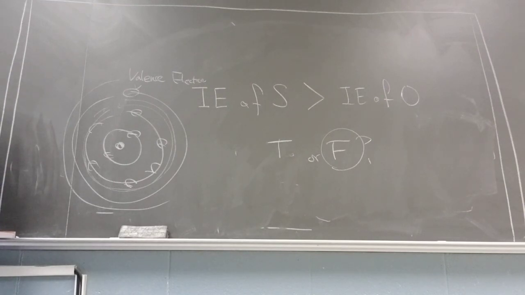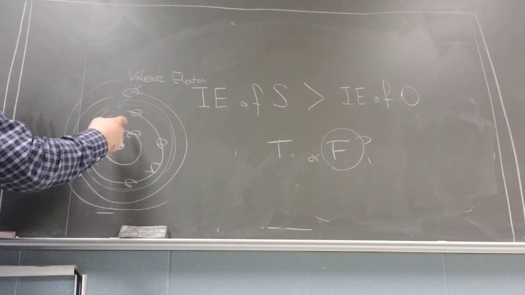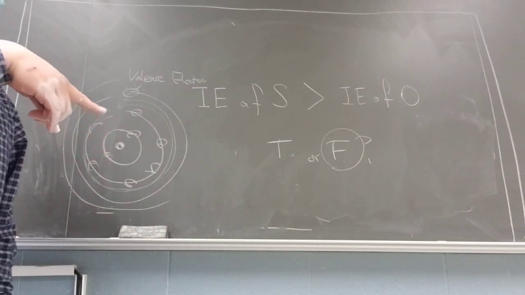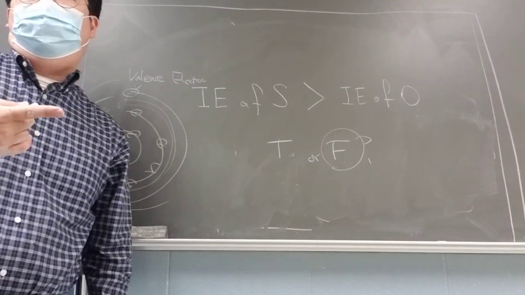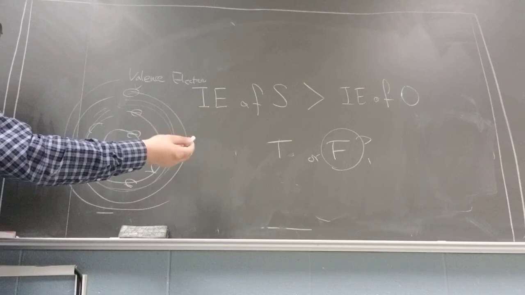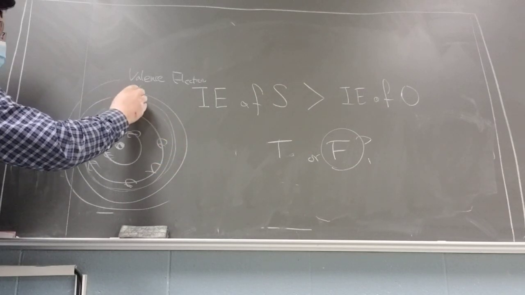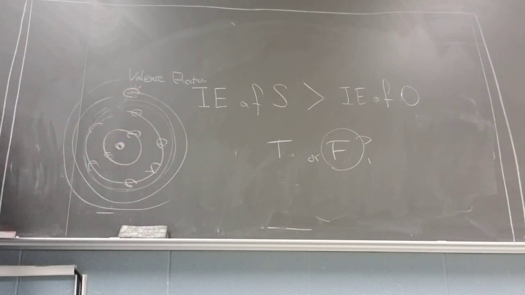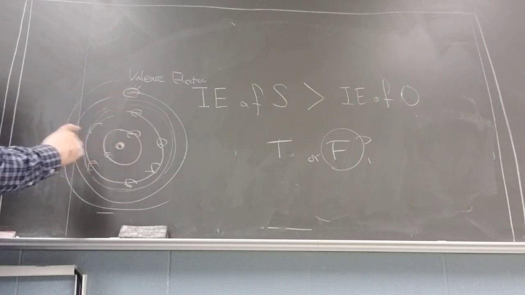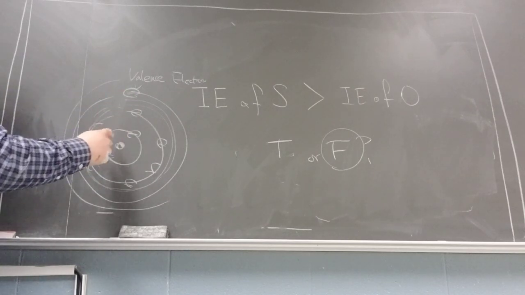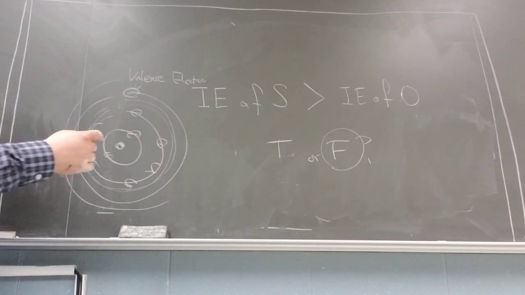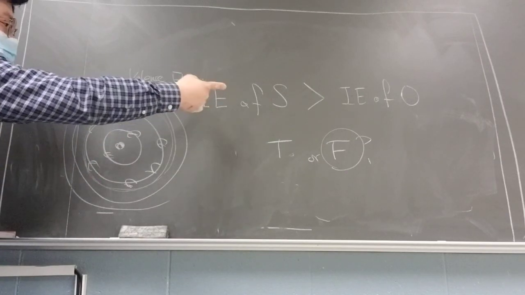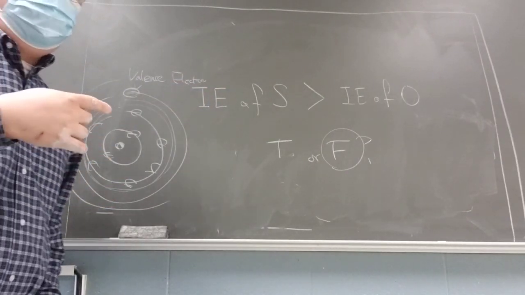Do you guys remember this? Okay. So if it's bigger in size, it will actually be lower in ionization energy because it's easier for them to lose an electron far away from the nucleus. Because the interaction here and here will be very weak, right? Then if it's bigger in size, it's easier for them to lose an electron, meaning they become easily ionized.